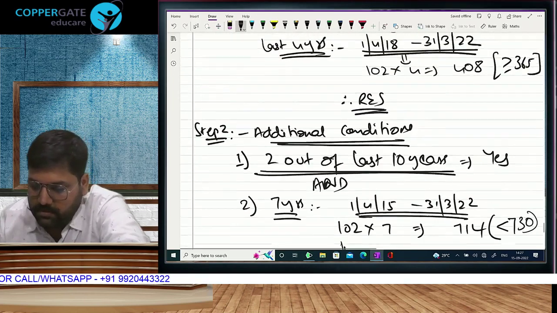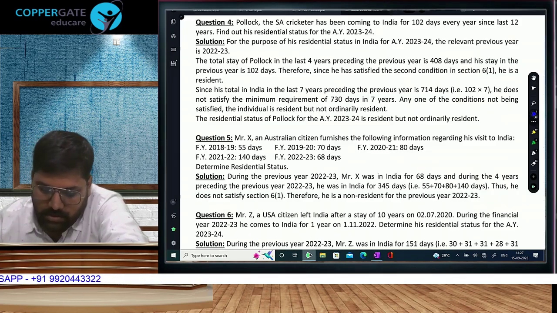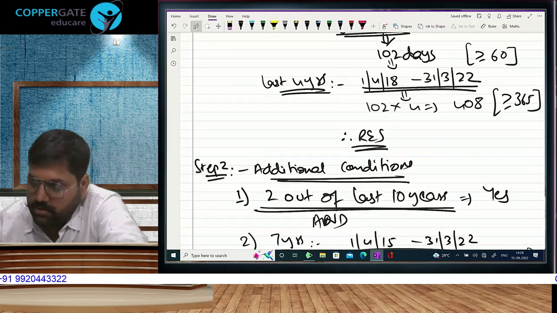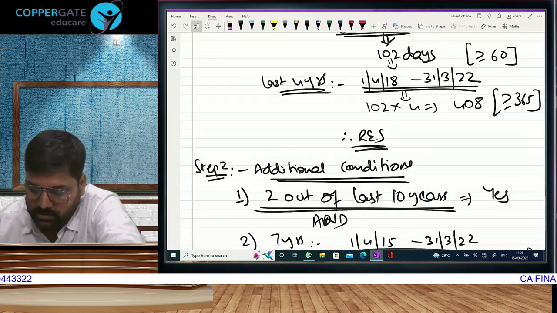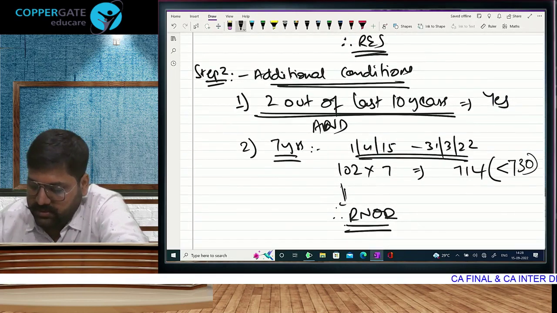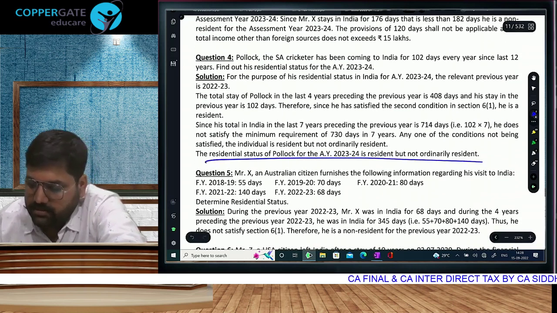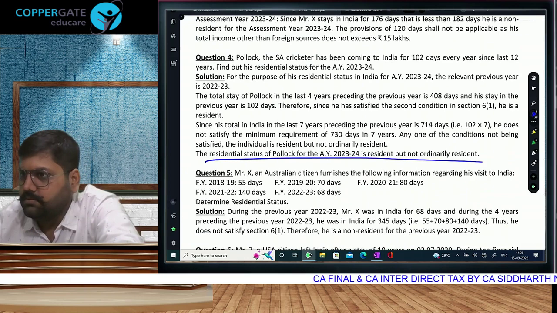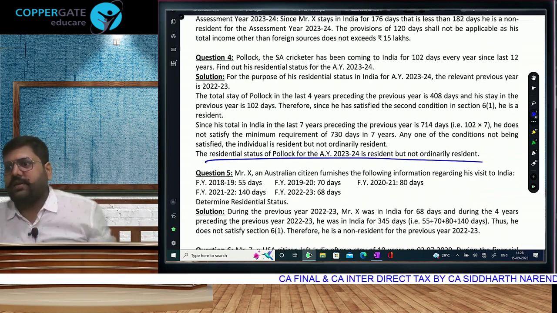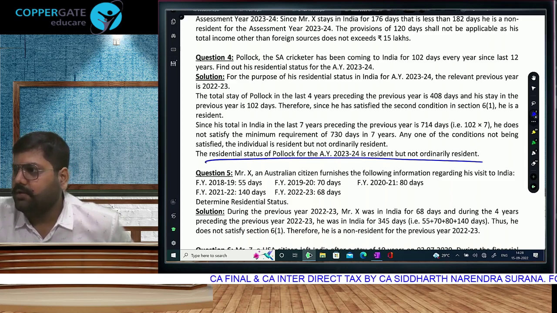ये ना फॉर्मेट, दिस फॉर्मेट. और मैं बताता हूं, दिस फॉर्मेट, this is a concluding line, or alternatively this line. You can write the full sentence: Therefore Pollock is a resident but not ordinarily resident.